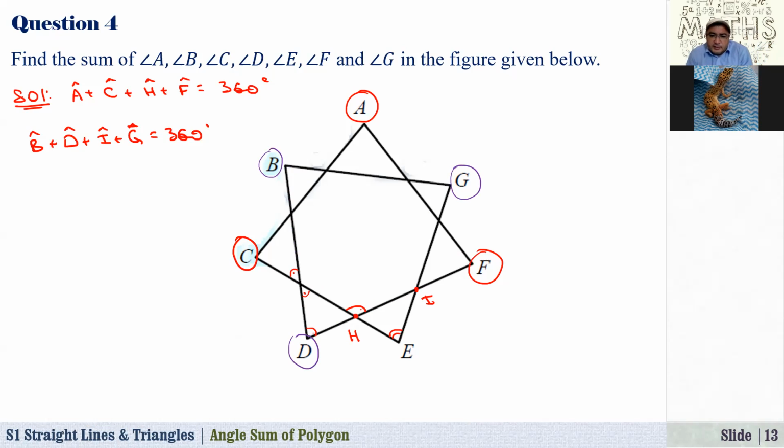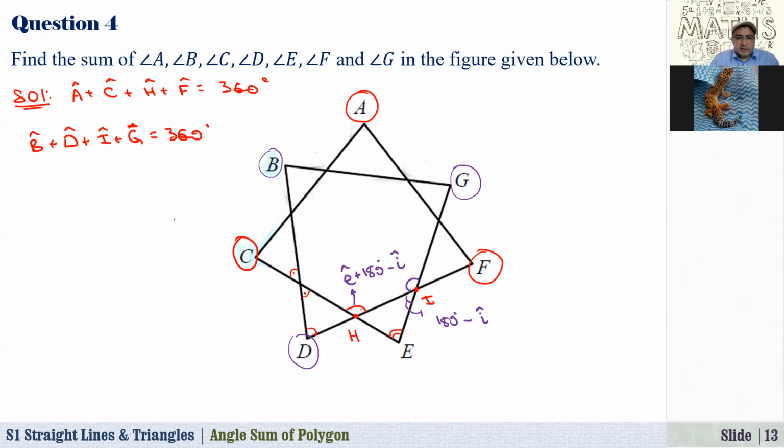So now, when we just say I, we mean this angle, right? What is this angle? This angle is 180 minus I. Okay. So this angle H will be angle E plus 180 minus I. Right, this is the corresponding angle.